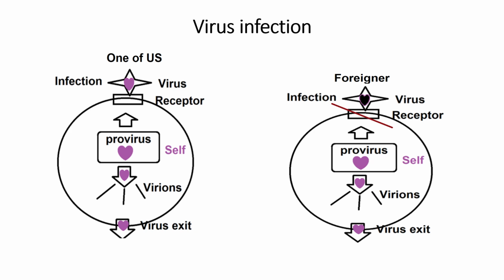But here you have another virus, which is also a phage, which does not belong to the virus like which I call one of us, and it is regarded as a foreigner, and therefore the provirus, which knows who is one of us, does not let the foreigner infect, and nothing happens.